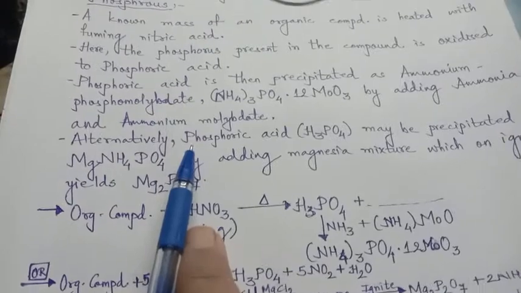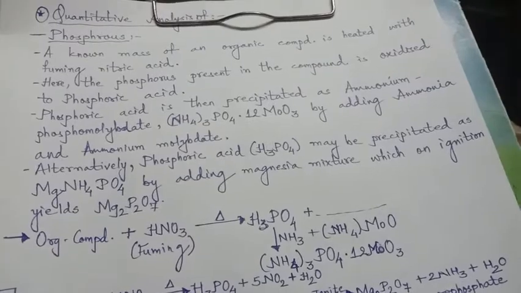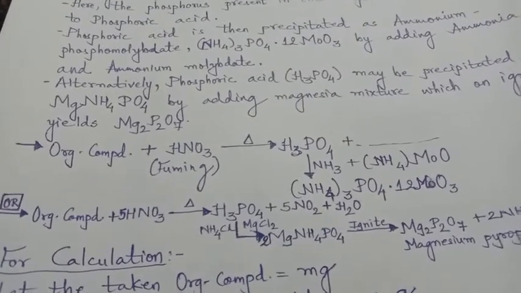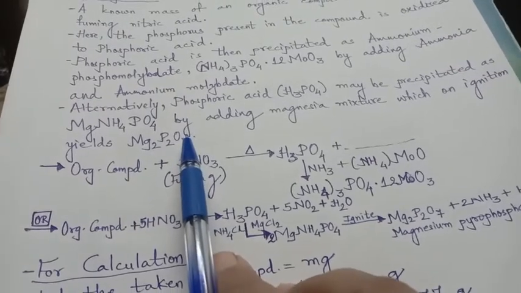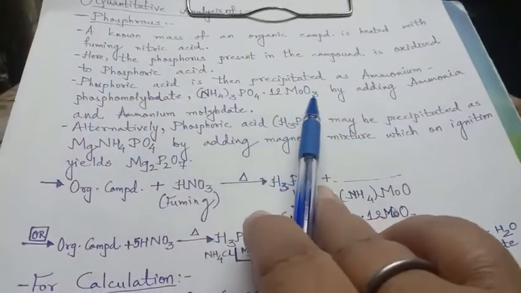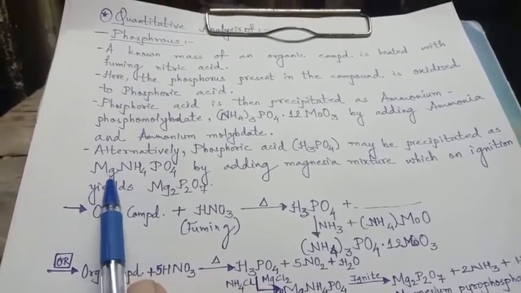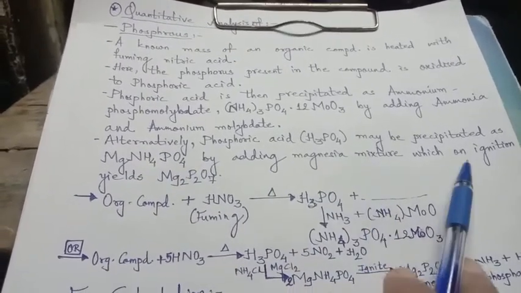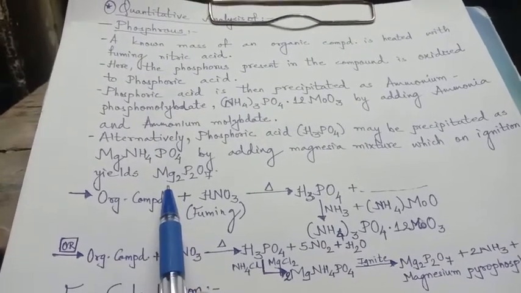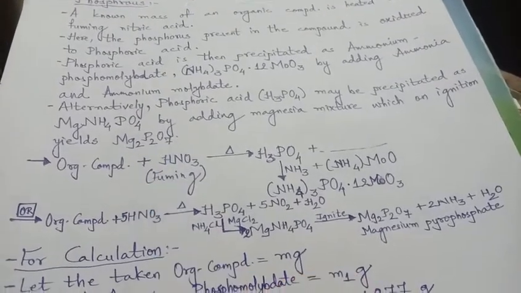And this phosphorus can also be estimated by one alternative method: phosphoric acid may be precipitated as magnesium ammonium phosphate. So instead of molybdenum, it is also precipitated as magnesium ammonium phosphate, and it is obtained by adding magnesia mixture, which on ignition yields Mg2P2O7, that is magnesium pyrophosphate.